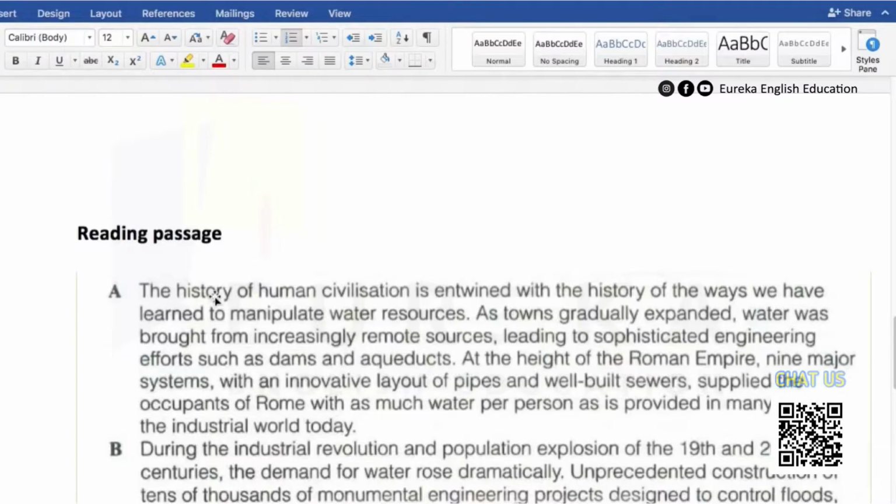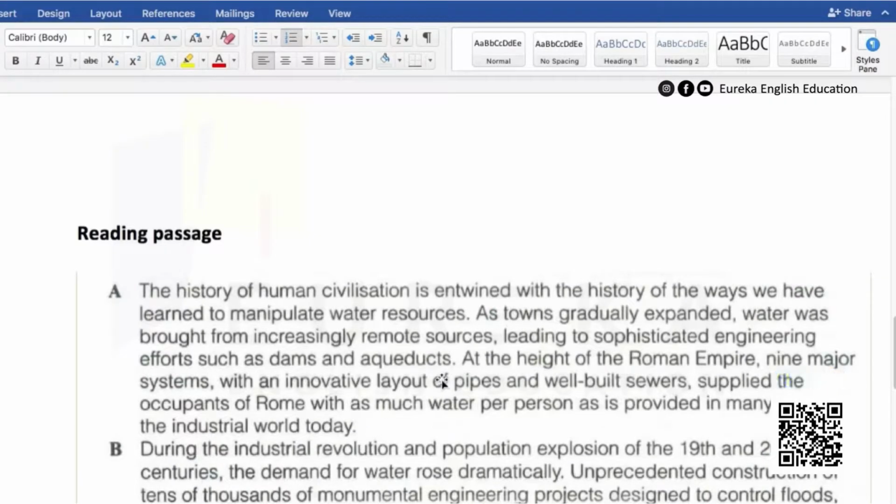If you pay attention to the main point in the first sentence of this paragraph, it talks about human civilizations and history. Then the supporting sentences discuss war, the supply of water to the occupants of Rome, and also the supply of water in the industrial world today.